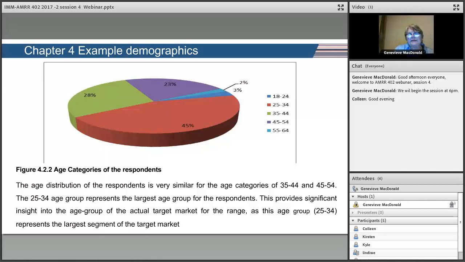You have to go to HR and find out if this is representative of the employees in the company. Are there really 45% of people aged between 25 and 34? If not, you have to acknowledge the fact that the respondents do not properly reflect the population in the company as given. So in that regard, you don't just give the figures. You actually have to say to what extent this is representative of your population group.